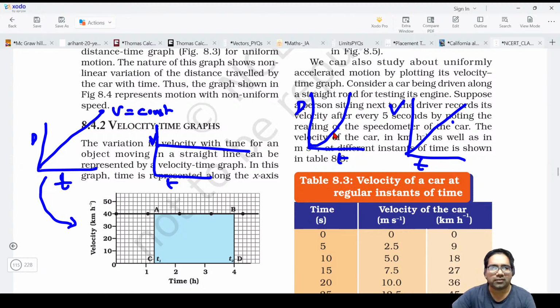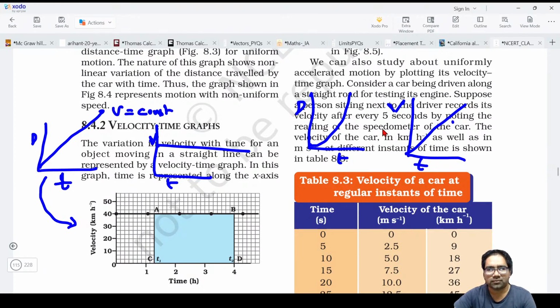Uniform velocity and uniform speed look what, ma'am? Uniform acceleration and uniform motion look same, right? No, no, that is different. We did not discuss uniform acceleration. We are discussing about uniform velocity and non-uniform velocity, that means velocity is not changing, and the case where velocity is increasing.